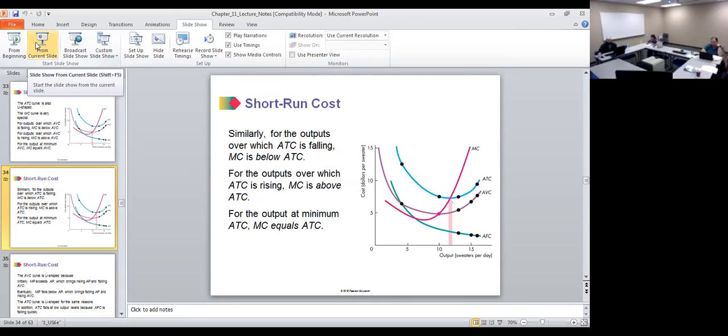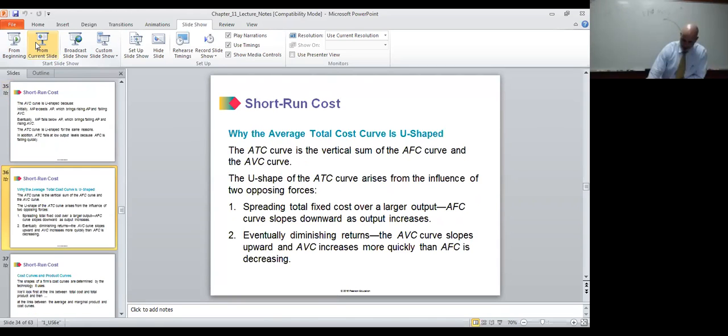It decreases at first, but increases as it produces more output. Is that what you're saying? Yes. All right, let's look here.